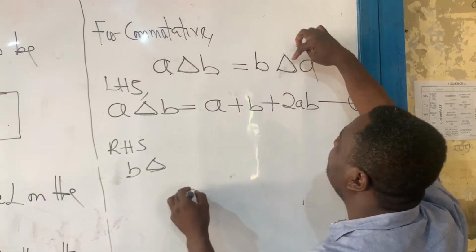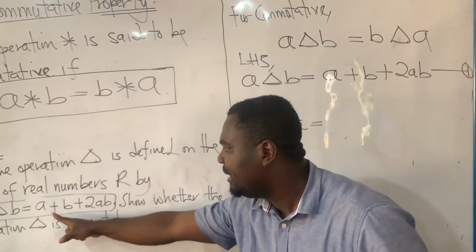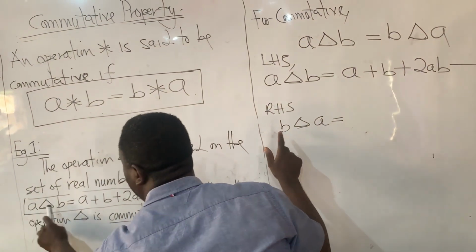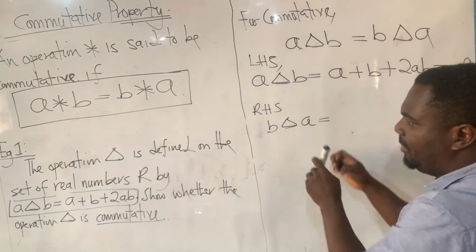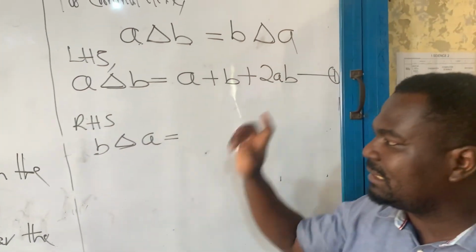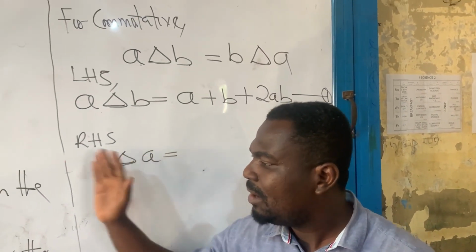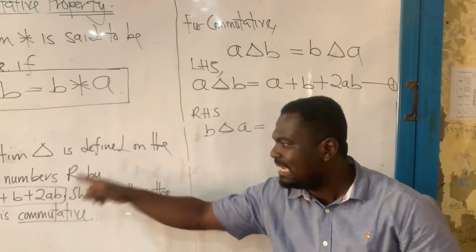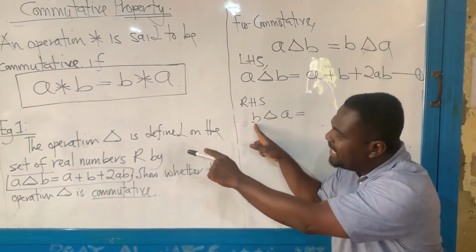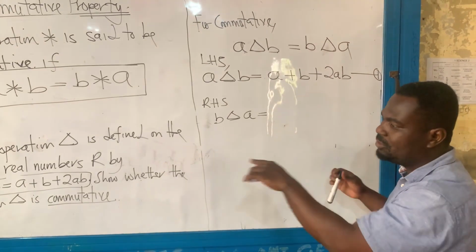Alright. To consider the right hand side, which is B triangle A, when you compare this with the general formula in the question, our A is B and our B is now A. So we are going to substitute B and A into the formula.